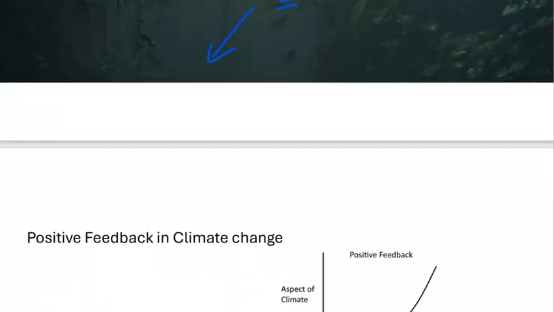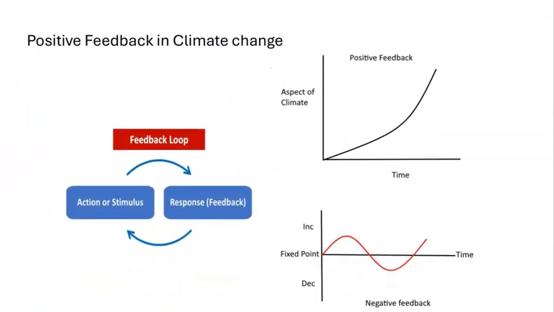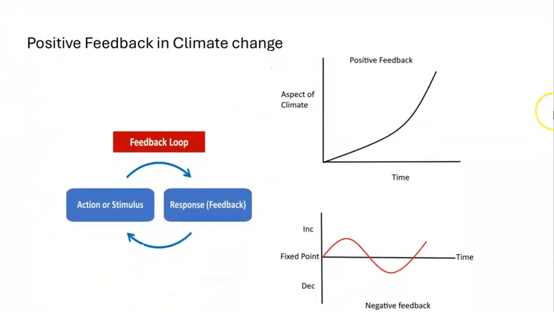So let's take a look at this concept of a positive feedback within the process of global warming. We may be more familiar, in fact, with negative feedback systems which have a regulated fixed point in which, as the variable increases, there are correcting mechanisms that bring this back into line with the fixed point.